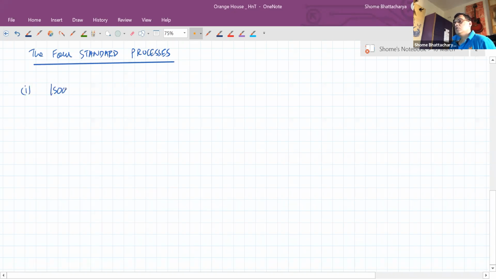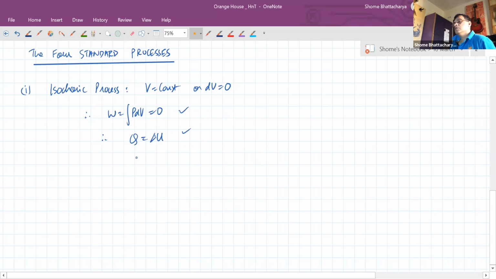First, the isochoric process, where volume is constant, or dV is 0. So work done becomes 0. So Q is equal to delta U.